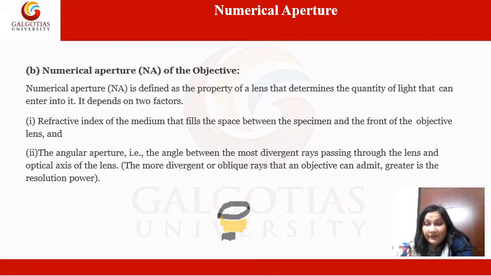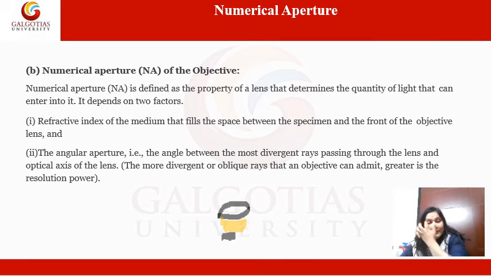This is the specimen under study, and this is the objective lens. Now what is refractive index? You must know this is the ratio of the velocity of light in vacuum to that in the medium.